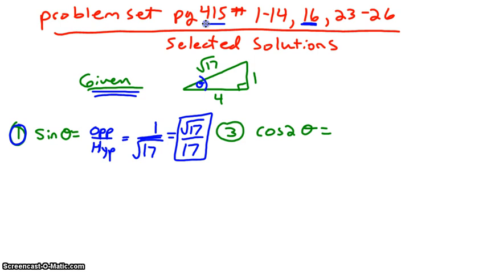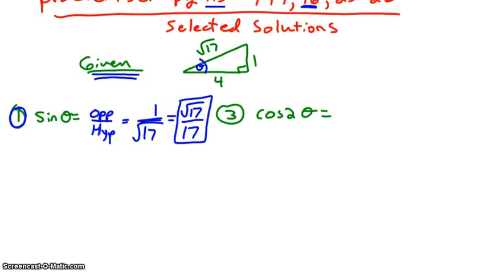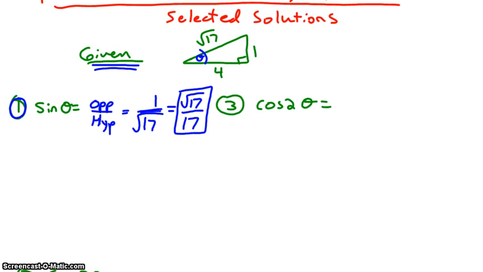Now for problem 3, we're going to work with the same triangle, and in this case we're looking at cosine 2 theta. To do this, we would first like to acknowledge what in fact is cosine of theta.